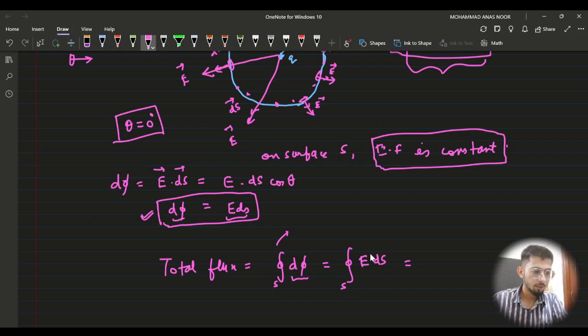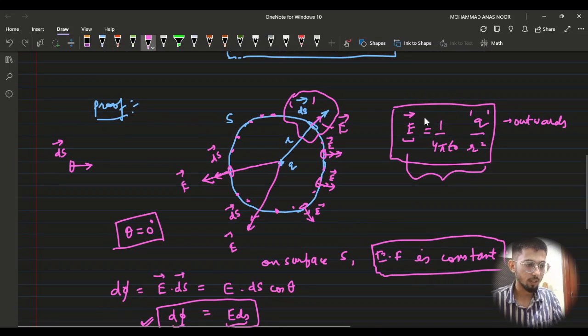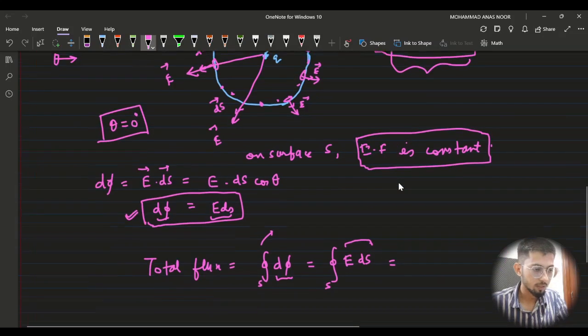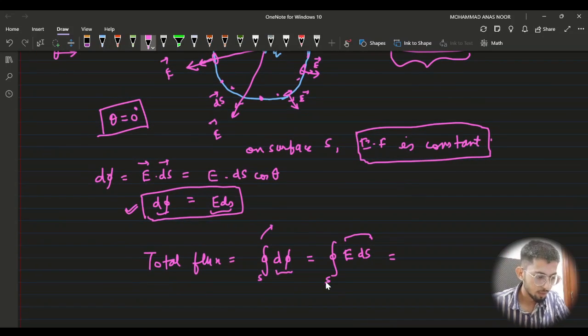Although I have not told you how to integrate, I told you that we take out the constant. So can you say which one of them is a constant here on the surface S? E is a constant. I proved it to you that E is the same at any point on this surface. Since we are talking of this surface integral, E is constant for that. So E can be taken out, and then inside we will have the surface integral of ds.